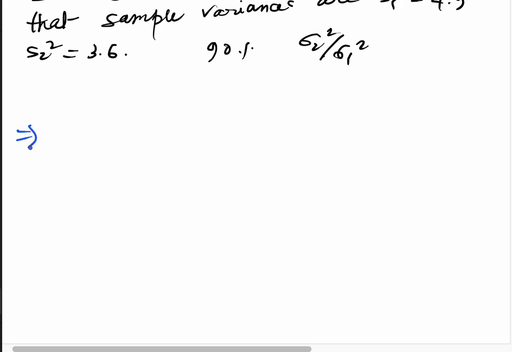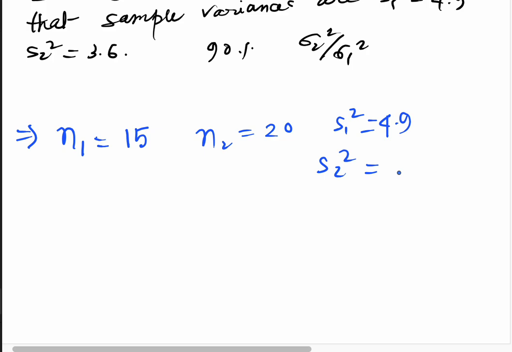So given that n1 equal to 15, n2 equal to 20, s1 square is 4.9, s2 square is 3.6 and alpha is 0.10.